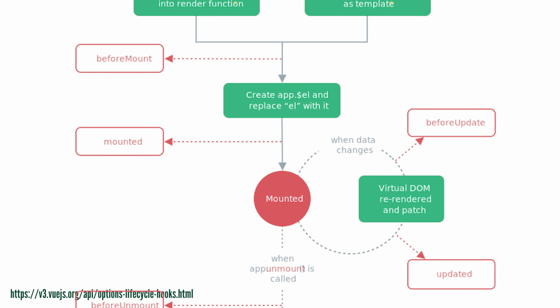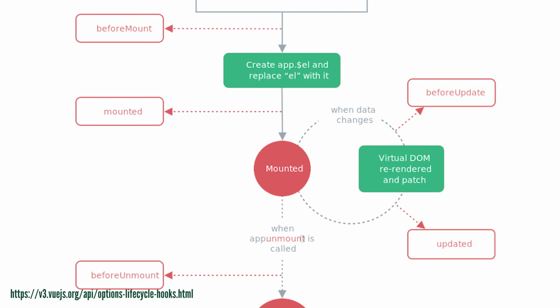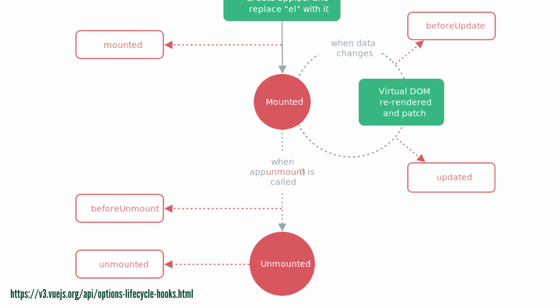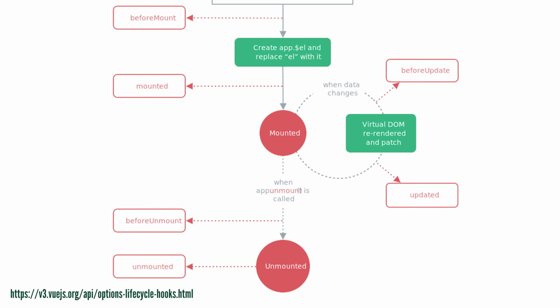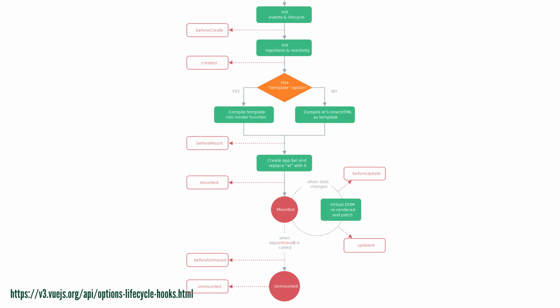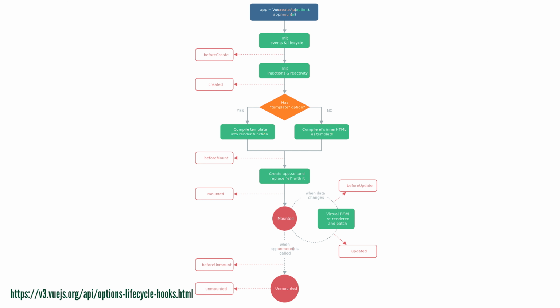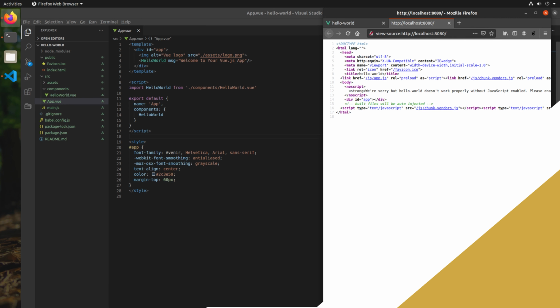You can just migrate from 2 to 3 easily. But now it is called unmount. In Vue.js 2, we had destroyed and beforeDestroy, and here it is called unmounted and beforeUnmount. I think when we call it mount, then we just call it unmount, but it is working the same way.